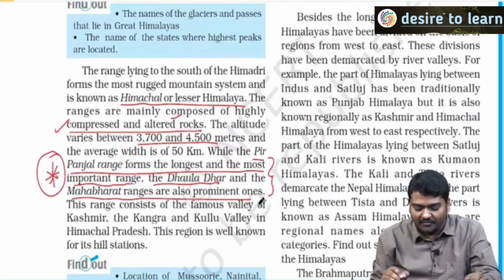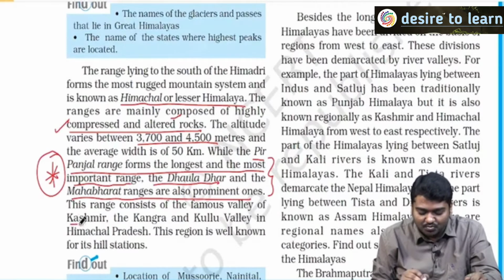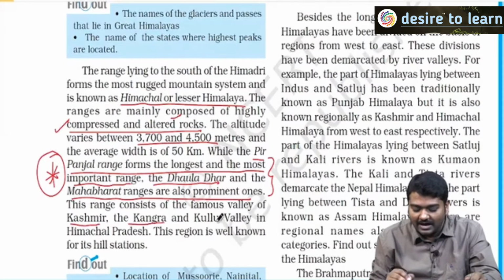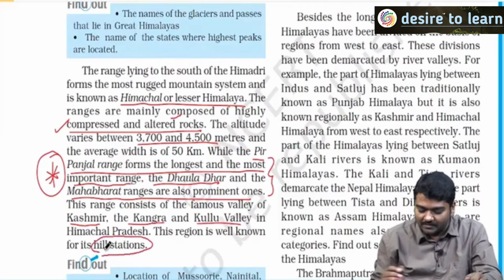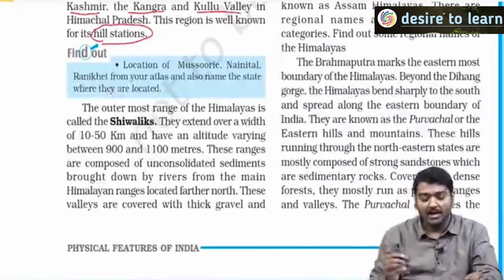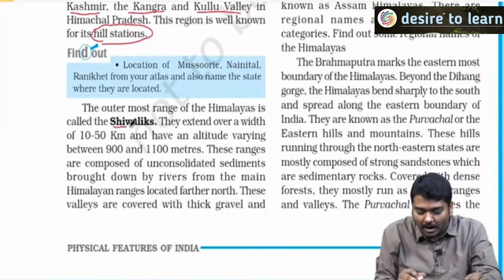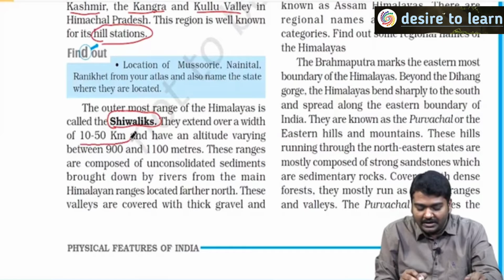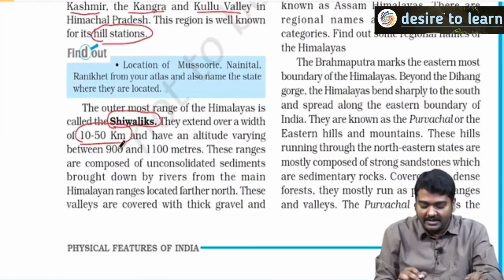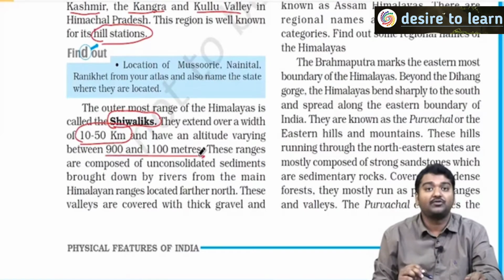This range consists of famous valleys, that is Kashmir Valley, Kangra Valley, Kullu Valley, and it is also famous for its hill stations. Then we usually observe the outermost part called the Shivaliks. The width is only 10 to 50 kilometers and they have an altitude of 900 to 1100.